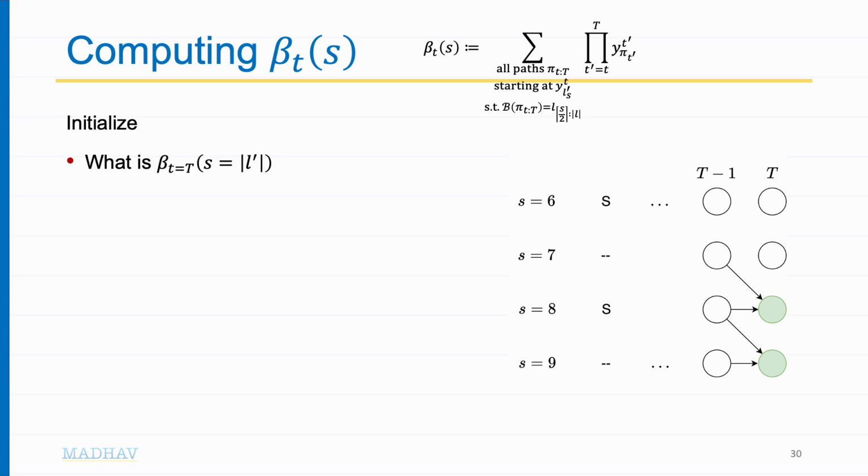So initialize. What is beta at capital T when S is the last, like the length of the L dash? Here it is 9. What is the beta here?